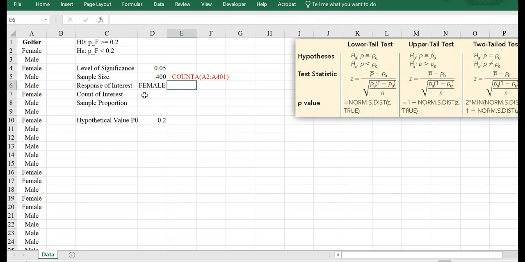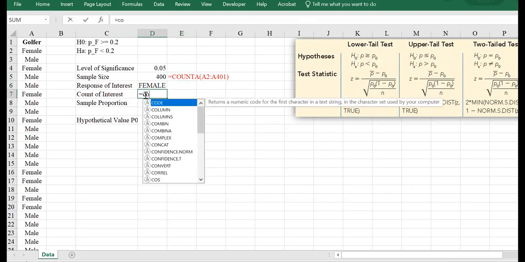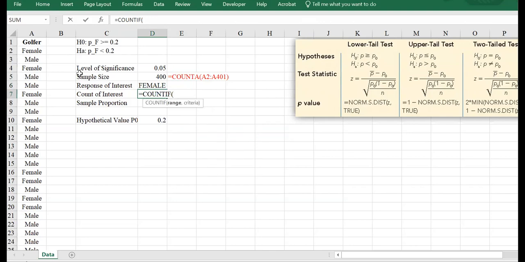All right, count of interest, COUNTIF. The range would be column A, and the criteria would be the word female.